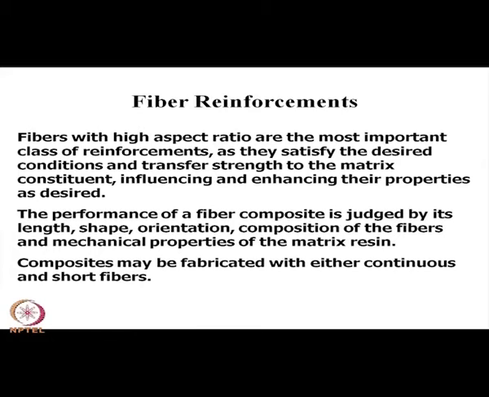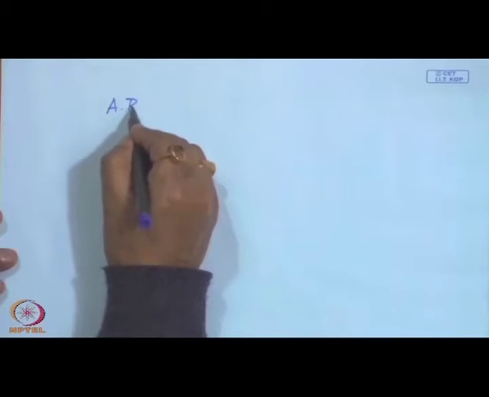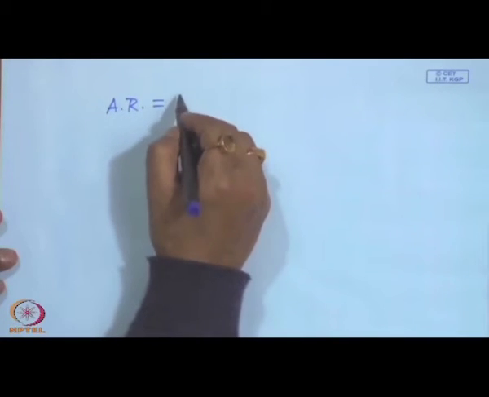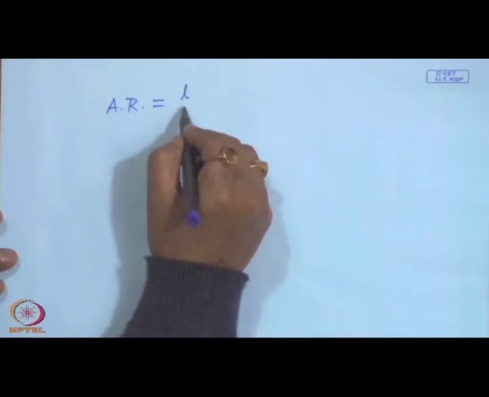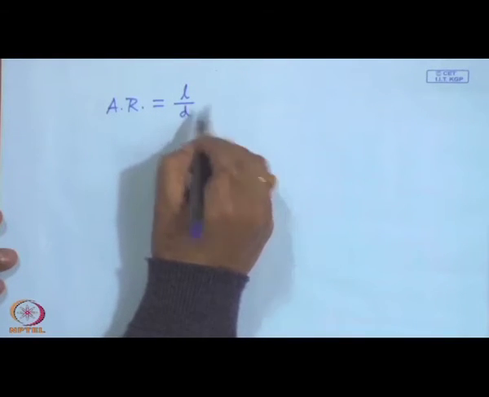That is one component of the composite, and the other component of the composite is fiber, which is most important. What would be the characteristic of the fiber? The fiber must have high aspect ratio, meaning the ratio of the length of the fiber to diameter.